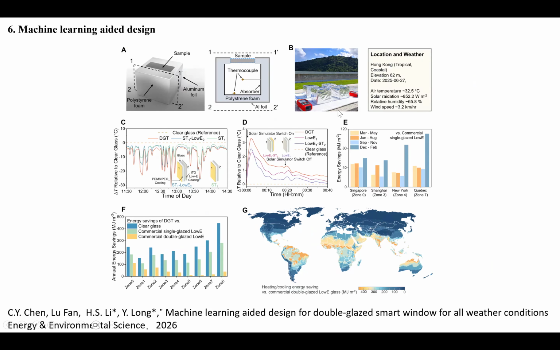You can see a few tests here. We compared with clear glass, commercial single glazed low E glass, and commercial double glazed low E glass, and our devices achieve overall energy saving from zone 1 to zone 8 across the globe.